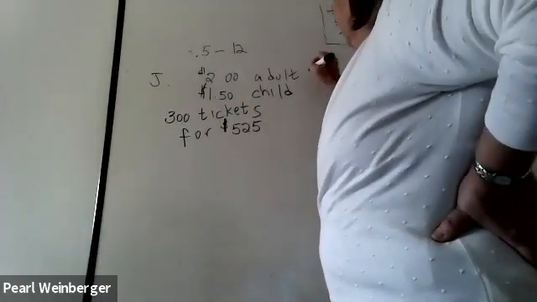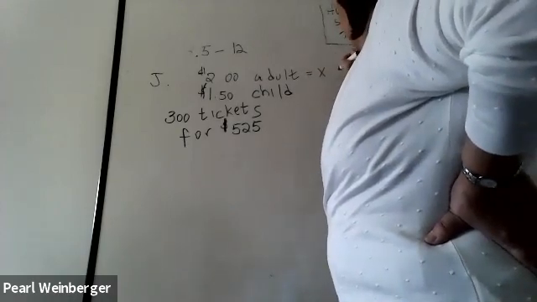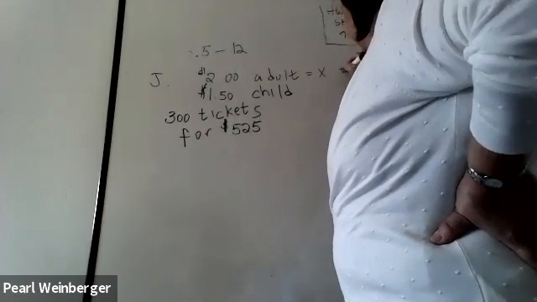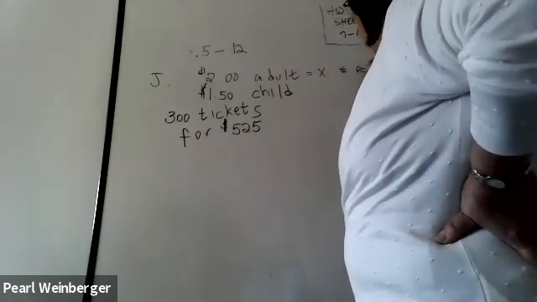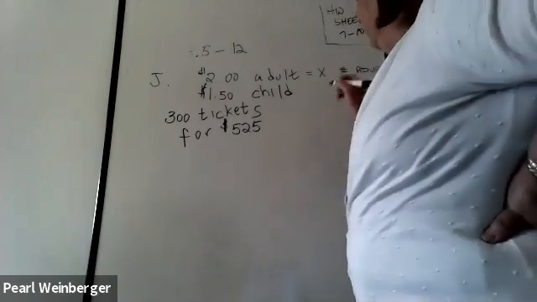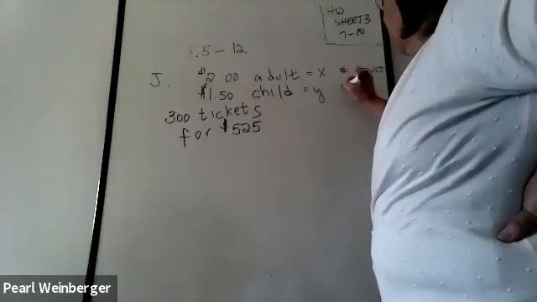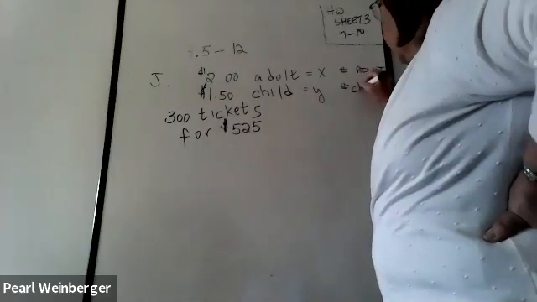Okay, just like before, I'm going to call X the number of adult tickets, because that's what they asked me to find. And Y, let's call that the number of children's tickets.